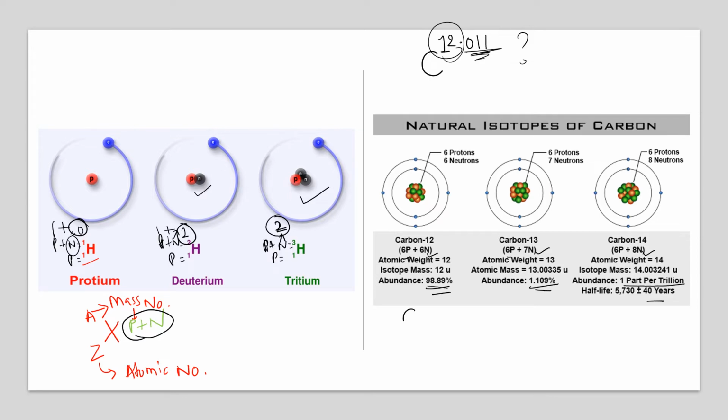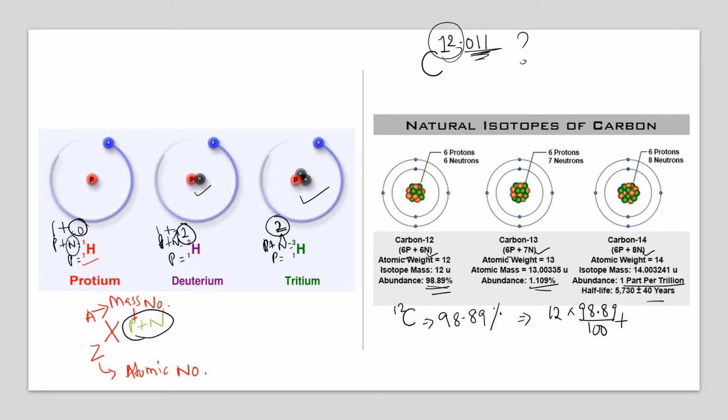For carbon 12, we see that the abundance is 98.89%, right? So we take it as 12 into 98.89% divided by 100, plus the second one.